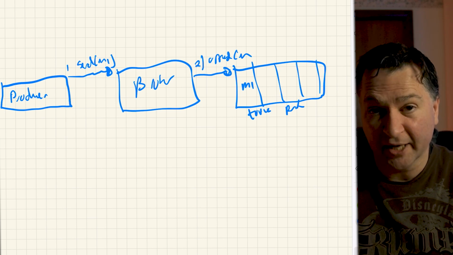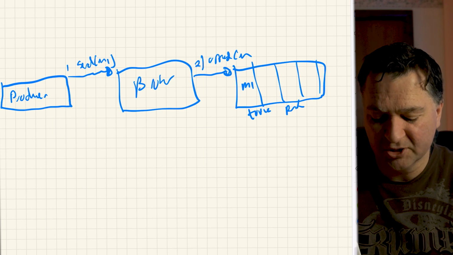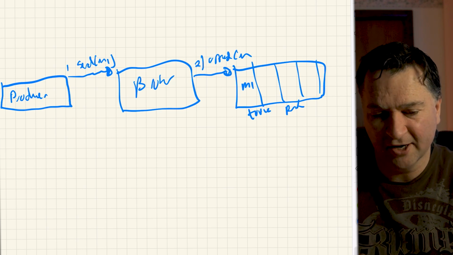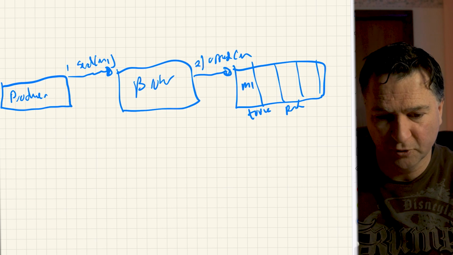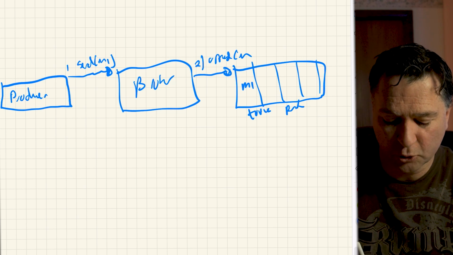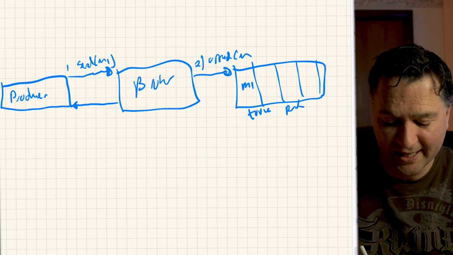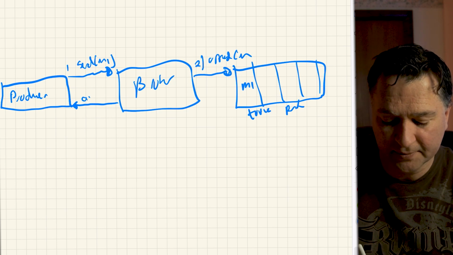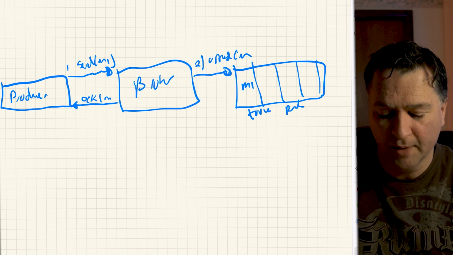So in fire and forget mode, it's not going to care, right? As soon as it does that send, it doesn't care if it gets an acknowledgement, so it'll just move on. But outside of fire and forget, it's going to wait for this acknowledgement. So let's draw that in here. The producer is expecting an acknowledgement here of M1.